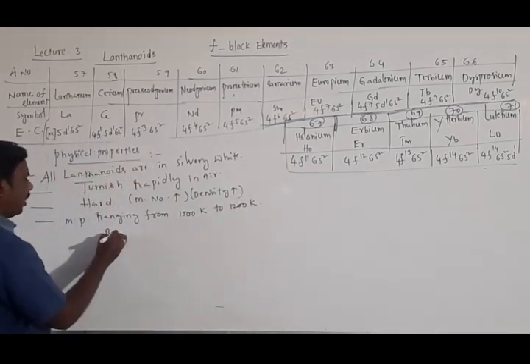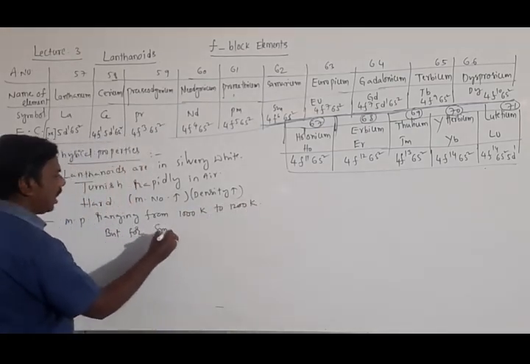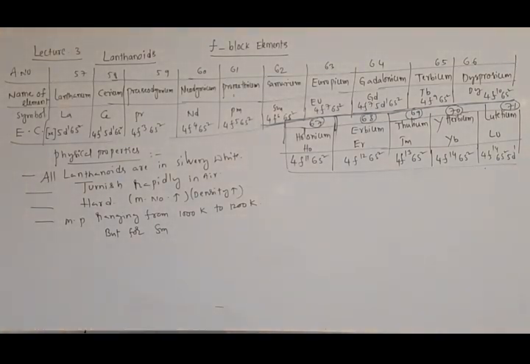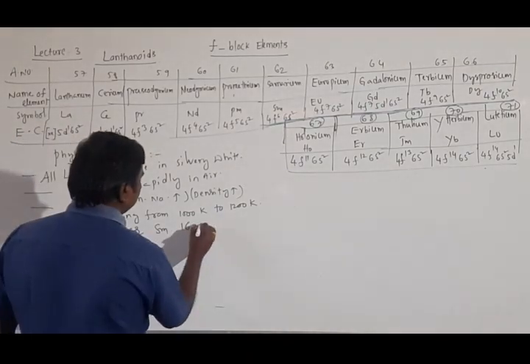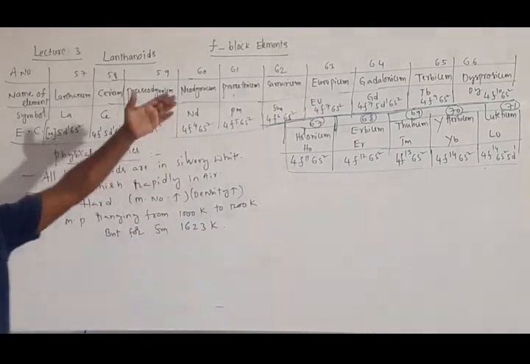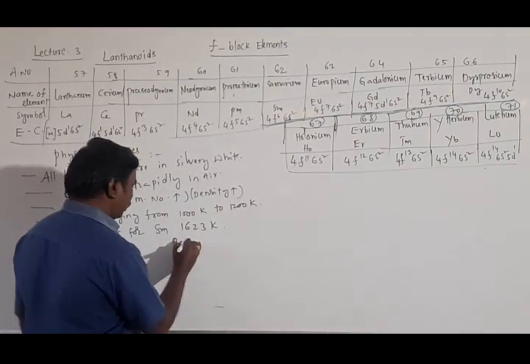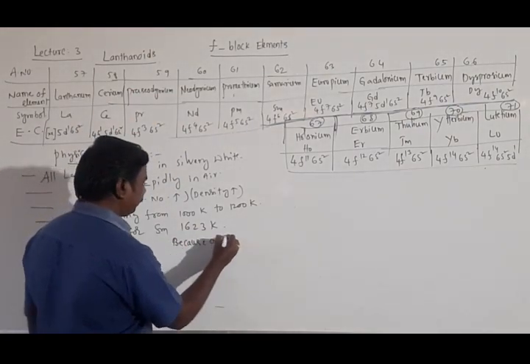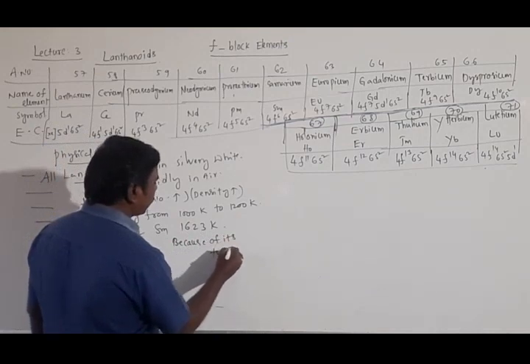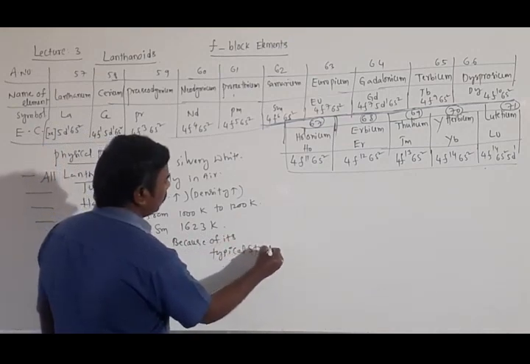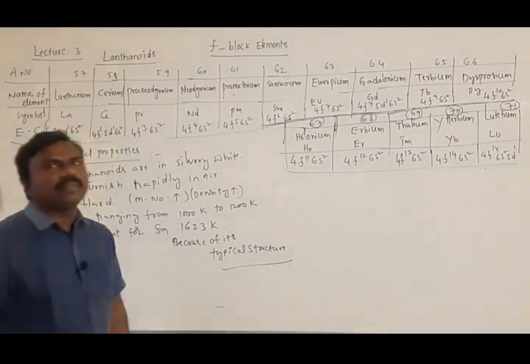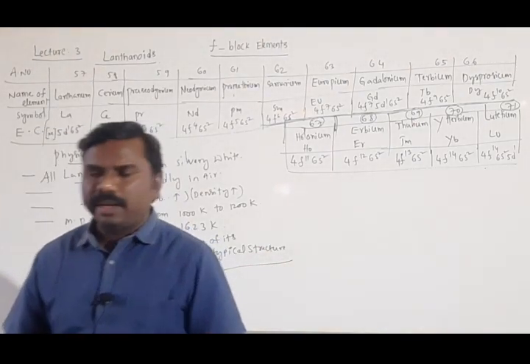But for samarium, the melting point is 623 Kelvin, a little high due to its stable configuration. It means the structure is different because of the arrangement of samarium atoms in the samarium metal.